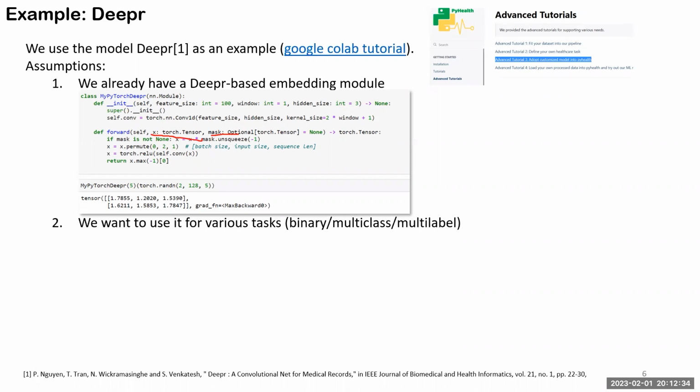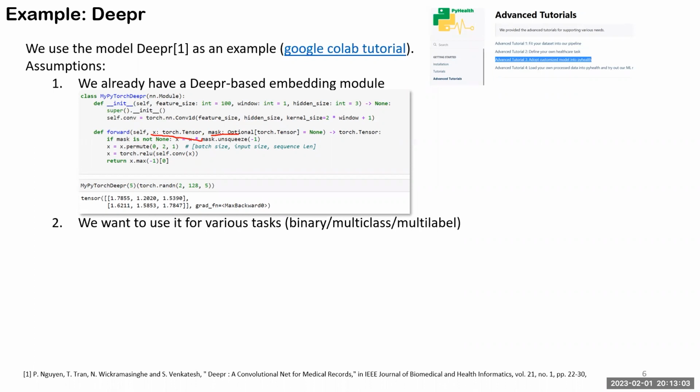Very quickly, a Deepr layer is essentially doing a 1D convolution on all the codes, and then takes a specialized max pooling at the very end of the computation. That's essentially what's in this PyTorch version of Deepr. If you want to use this module, you will pass in a PyTorch tensor.